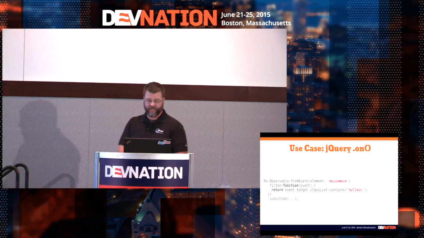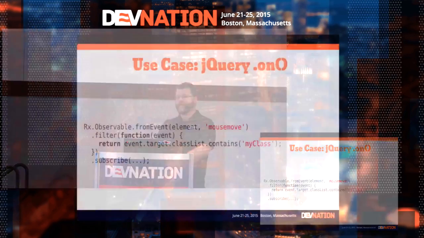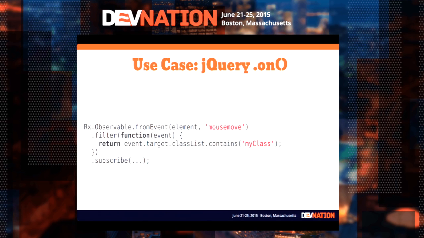So let's look at a use case. Let's take that mousemove event, and let's duplicate the behavior we get with the jQuery on event listener. If you're familiar with jQuery on at all, the neat thing about jQuery is you can pass it an element, and you can pass it a selector, so you only want to operate on events that are triggered that match that selector.